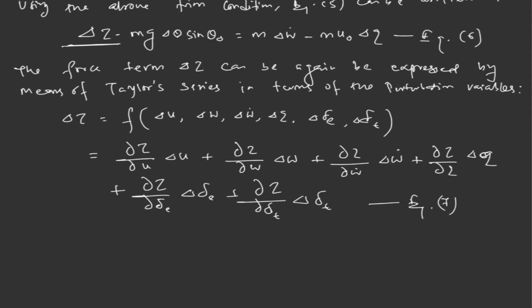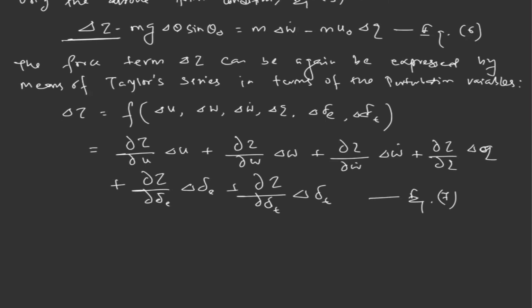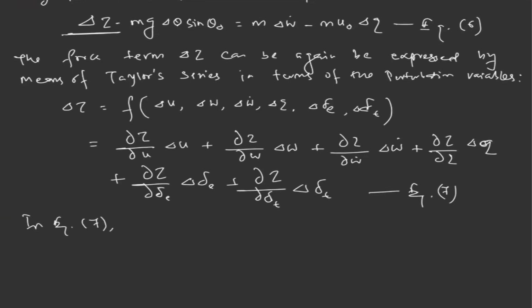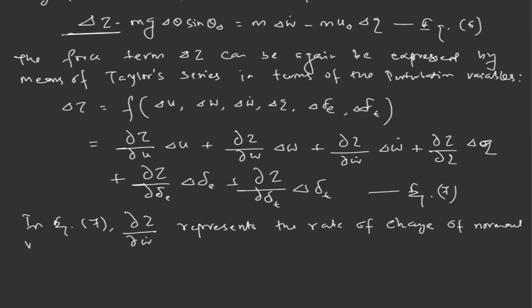So in the above expression, or in equation 7, del z by del w dot actually represents the rate of change of normal velocity.